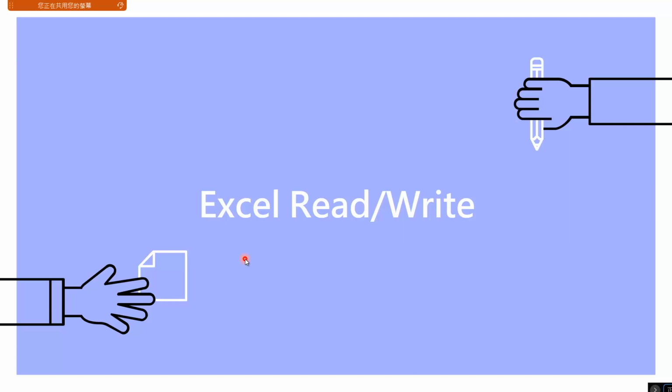For this part, I'm going to show you how to read data from Excel. I will also show you how to write data into Excel, because sometimes when we are using MATLAB code, we do a lot of calculation and a lot of processing, and after that we need to output our data to an Excel file.